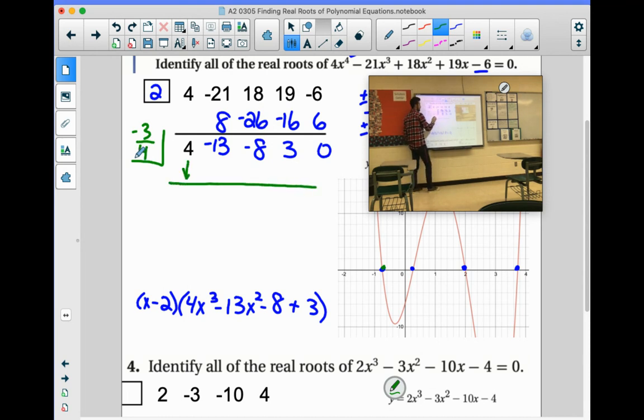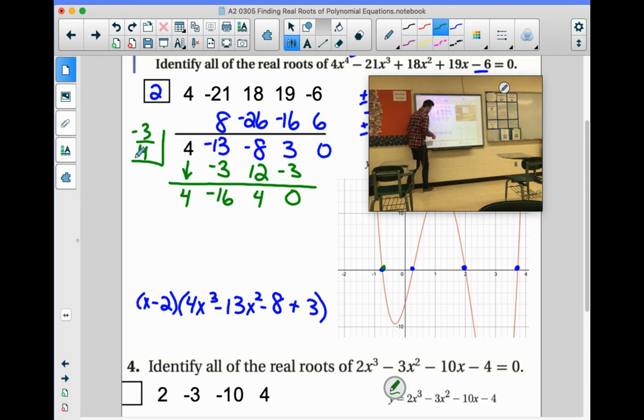Bring down our 4. 3/4 of 4 would be 3, so this would be -3, which gives us negative 16. 3/4 of 16 would be 12. So yeah, 12. Negative 8 plus 12 is 4. Negative 3/4 times 4 is -3, which zeroes that out as well.